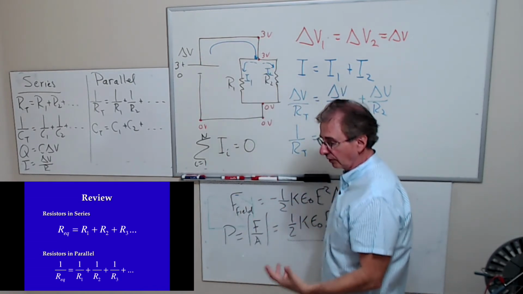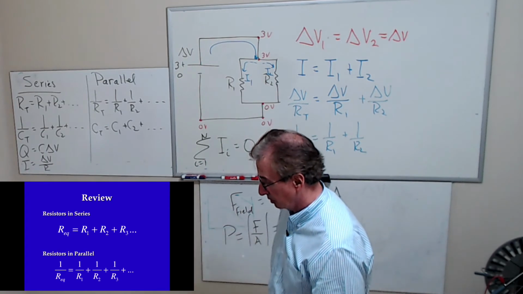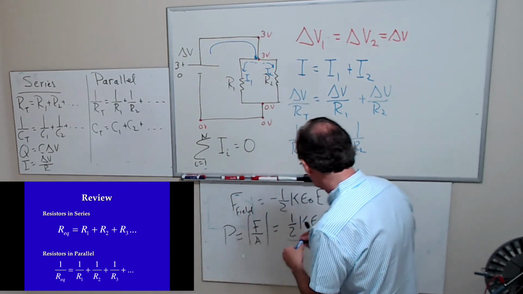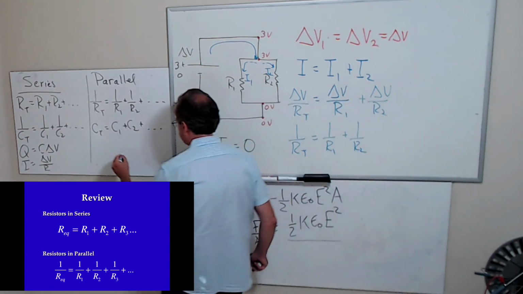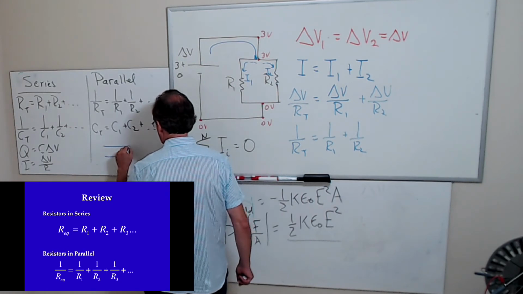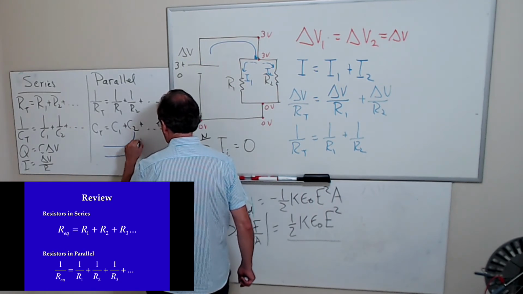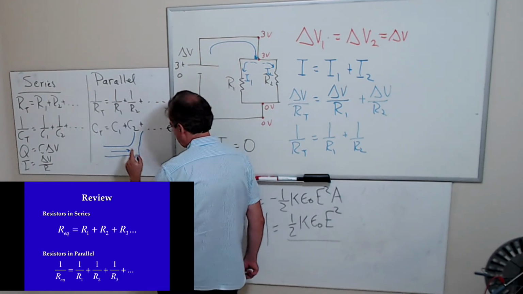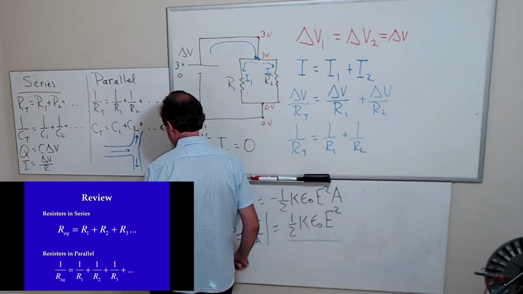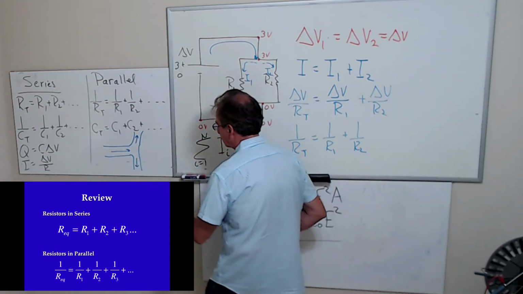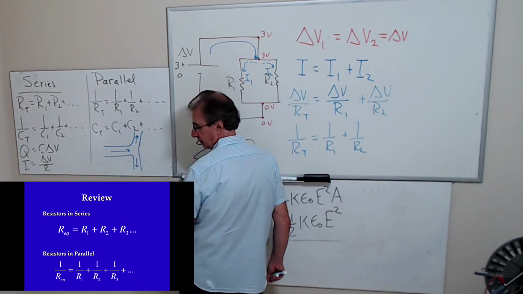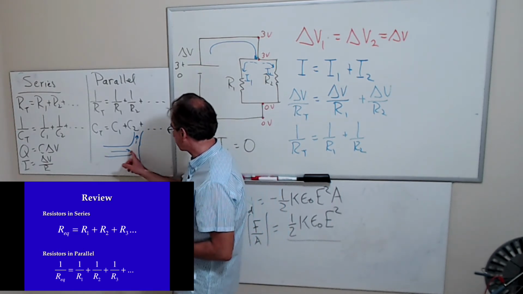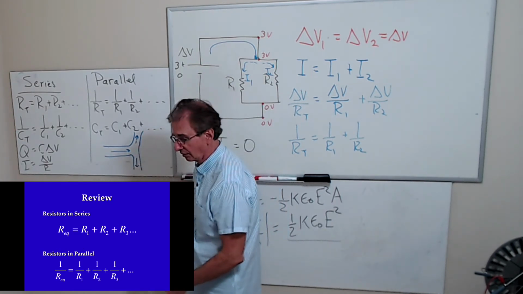I mean, imagine water flowing through a pipe, and you reach a T. Whatever comes in here has to be equal to whatever goes out there. So your indices are going to be this current and this current. So you have to define a convention: whatever's going into a node is positive, whatever is leaving a node is negative.